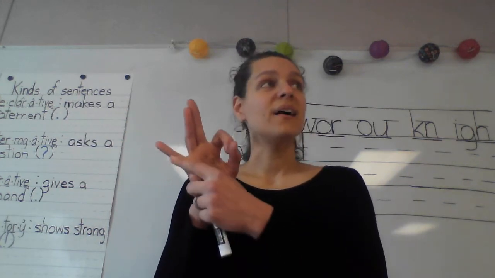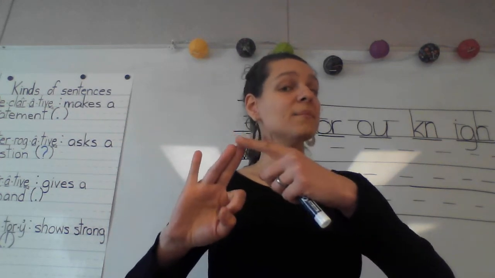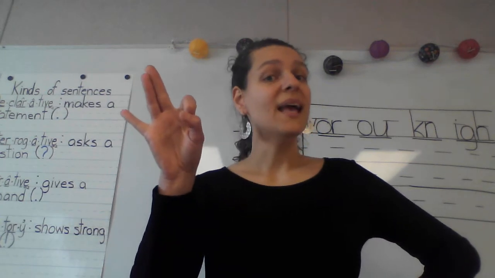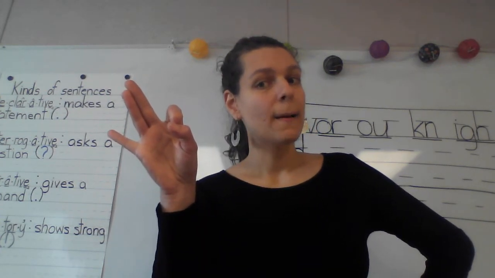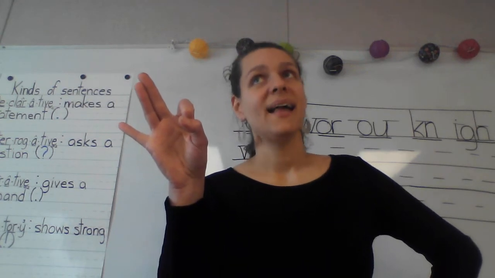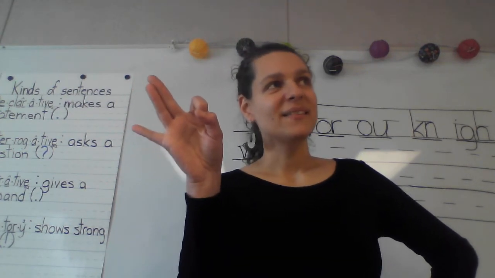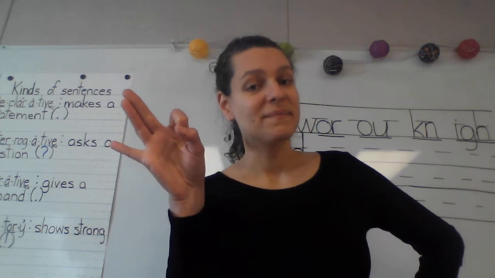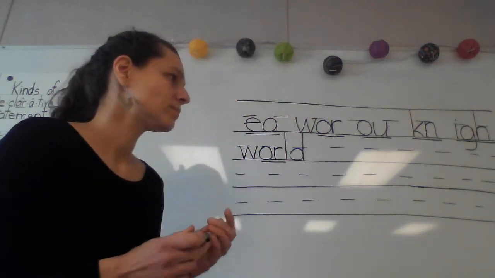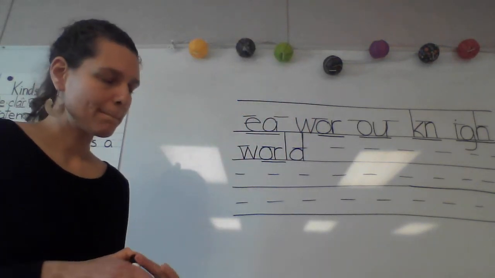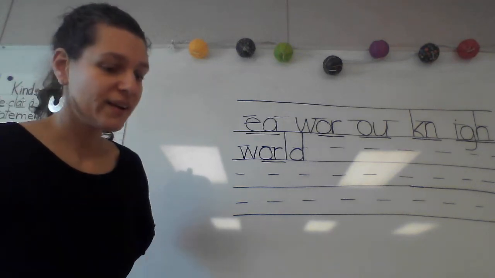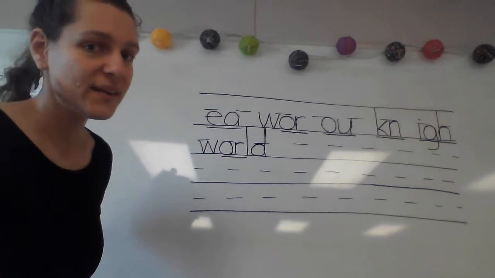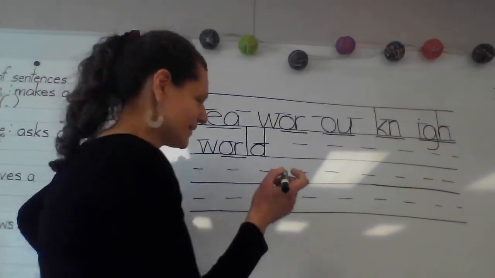Good, the sounds are s, e, but in this sea we use E, A. Class, which E are we going to use? Good, E, A. Write those sounds and say them while you write them. Put your finger under the first phonogram in that word, class. What is it? Good.